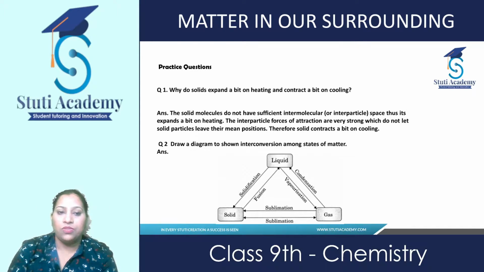In this diagram, as you can see, solid changes into liquid on fusion, liquid changes into gas by vaporization, gas changes into solid by sublimation, and liquid changes into solid by solidification. Gas changes into liquid, and the process responsible for this is condensation, or a solid can directly be converted into gas.